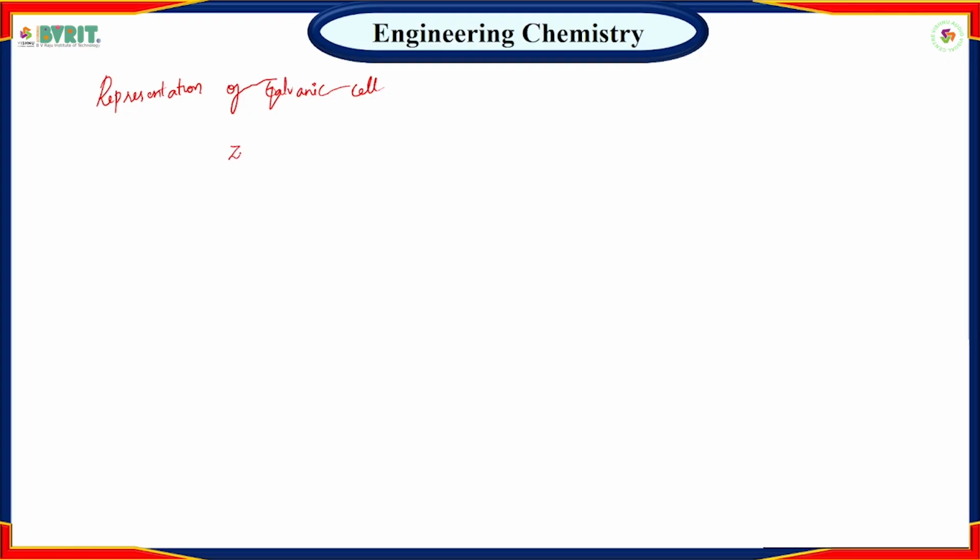That is Zn | Zn2+, where you can mention aqueous or the concentration. If it is 1 molar, mention in brackets the concentration of the solution. The double vertical line represents the salt bridge, and then Cu2+ | Cu, with concentration aqueous or 1 molar, where the copper rod is immersed in copper sulfate. So this is the cell representation of a galvanic cell.